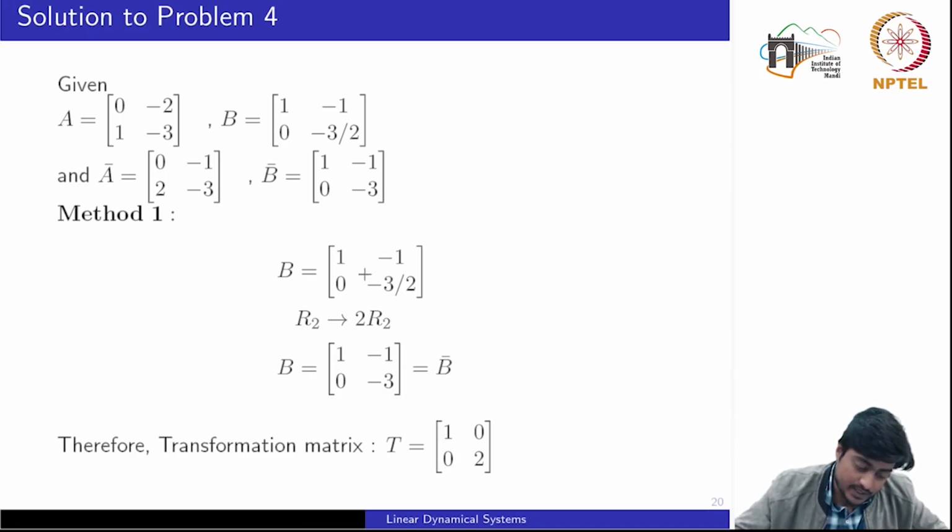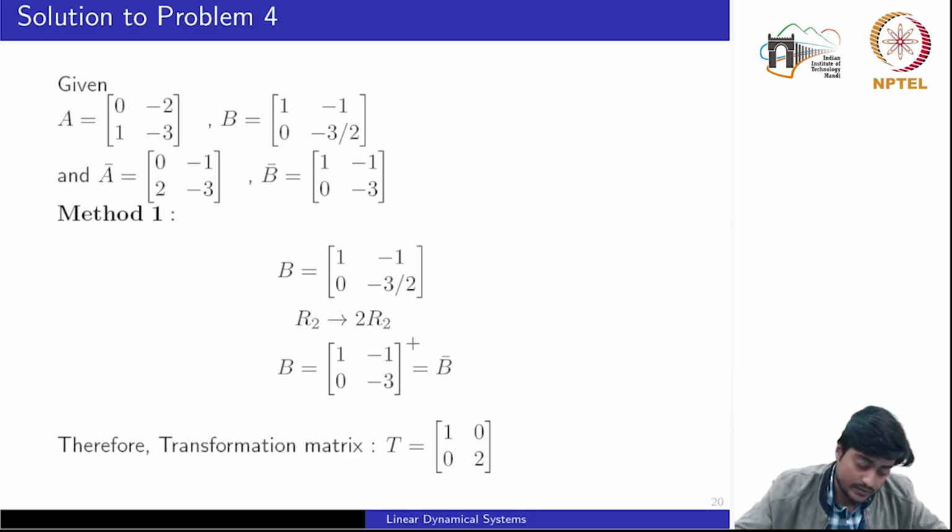Say for example, starting with this B matrix, if I do this operation, that row 2 is replaced by the scaled value of this row, I would obtain this B matrix. And this B matrix, if you see, is nothing but your B bar matrix. By doing simply this row operation onto the second row of the B matrix, we obtain this B bar. So in that case, this transformation matrix is simply given by this one.